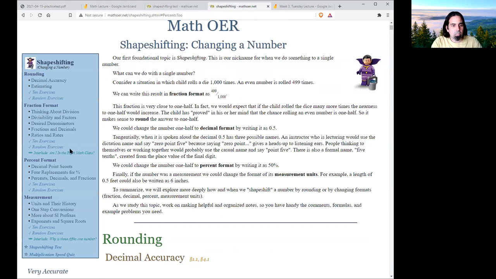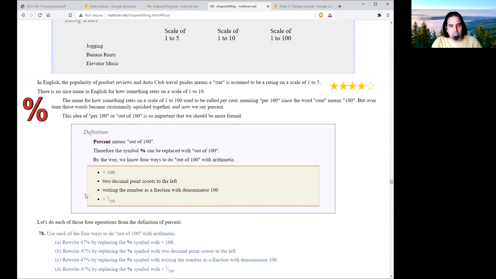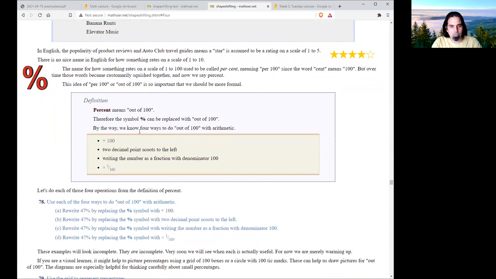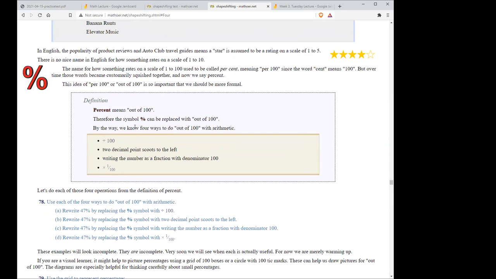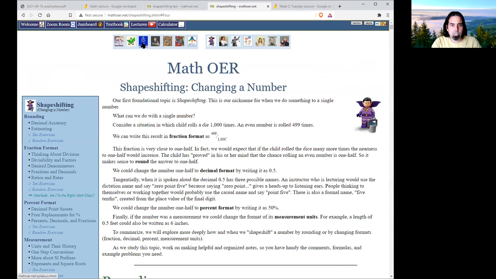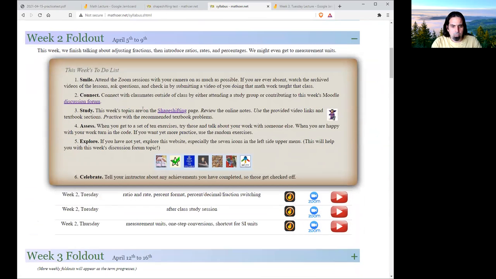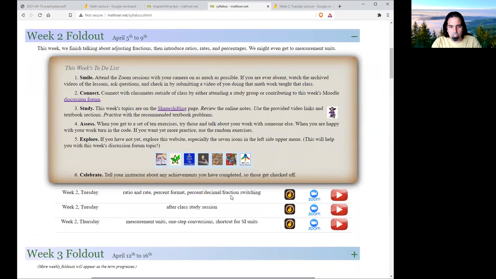So in shapeshifting, when we looked at the 4 replacements for percent, everyone remember this thing here? If not, then go into the syllabus, percent decimal fraction switching, week 2 Tuesday, do that thing.